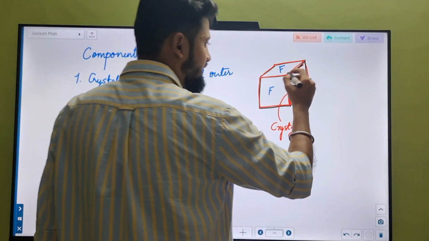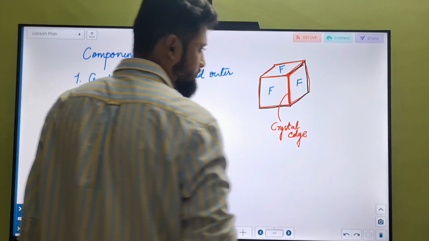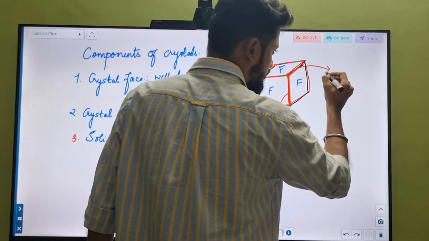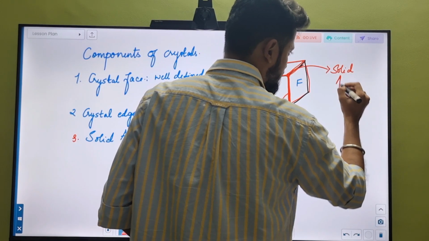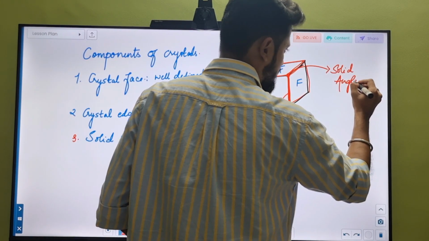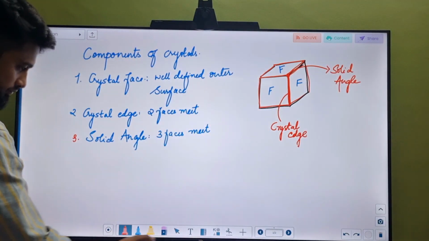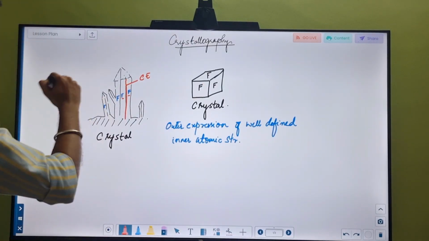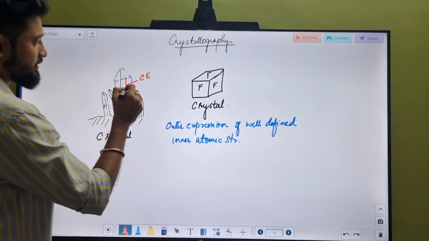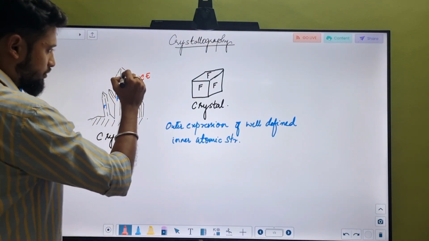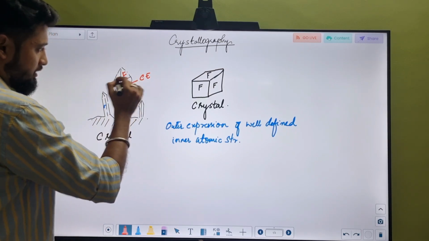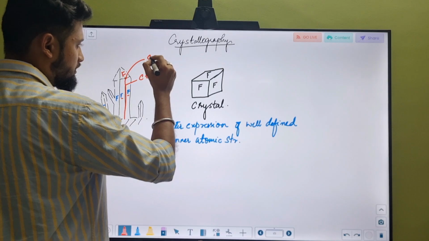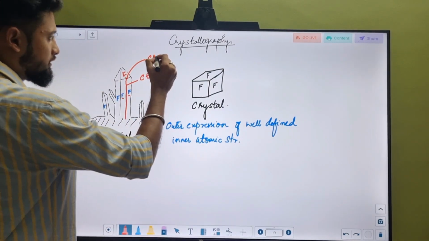So where these three faces meet, they meet at this point. So this point we can call a solid angle. In case of this diagram, yes, this is one face, and this is one more face. Okay, so these three meet at a point, so this is called a solid angle.